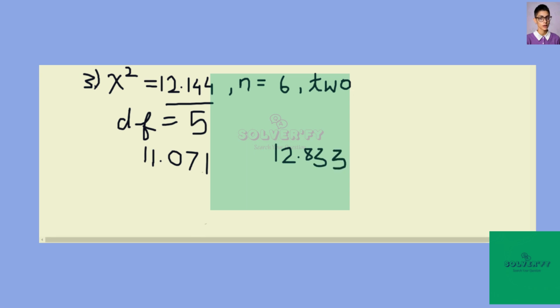The corresponding alpha values are 0.05 and 0.025.